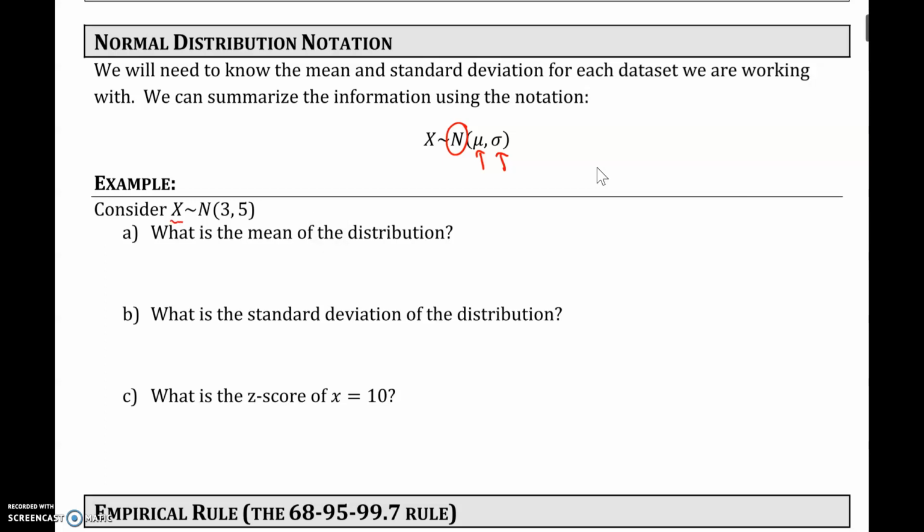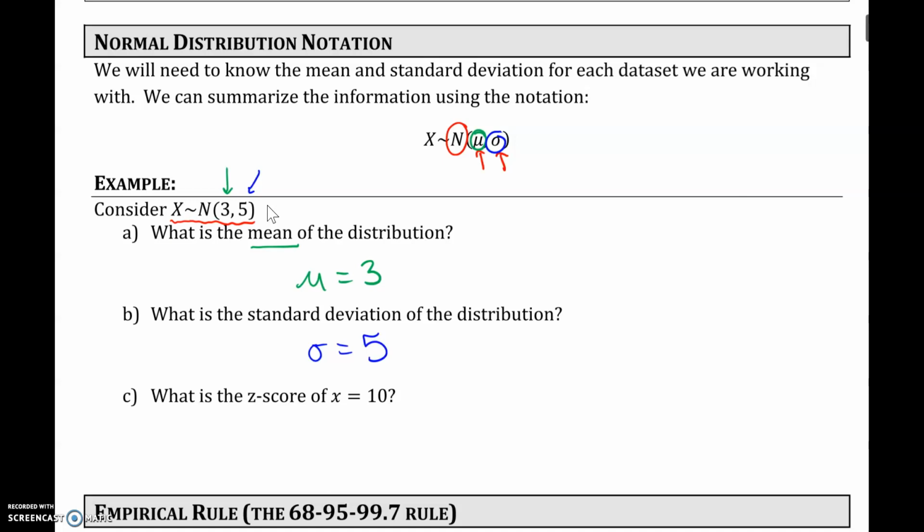So here we see consider x, a variable which is approximately normal with a mean of 3 and a standard deviation of 5. Okay, so what is the mean of the distribution? So again, the mean is given by the first value. So the mean is 3. And the standard deviation is given by the second value in the ordered pair. So the standard deviation is 5.